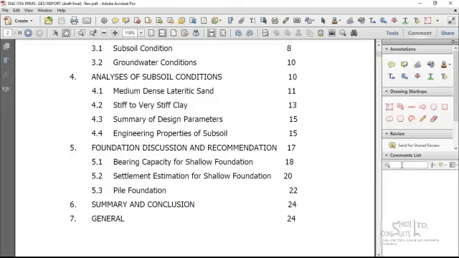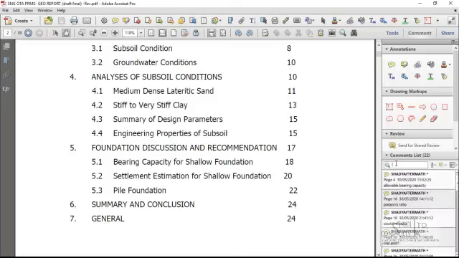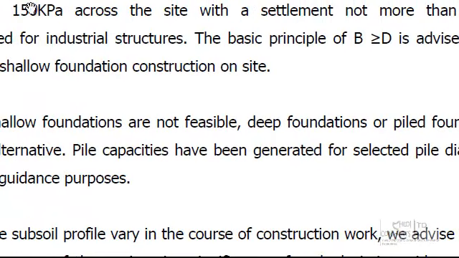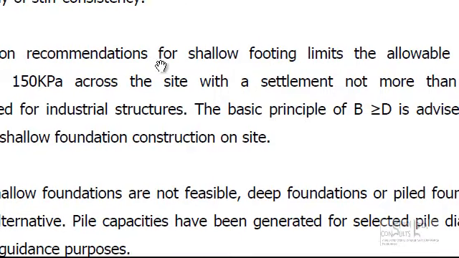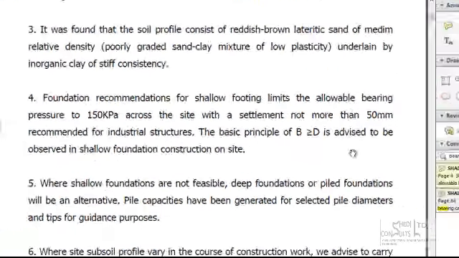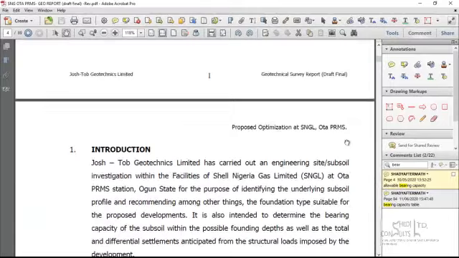So based on the geological investigation report, the allowable capacity of the soil, it was recommended that for shallow foundations the allowable capacity is 150 kilograms per meter square. The minimum allowable capacity of the soil is 150 kilopascal to cater for a settlement not exceeding 2 inches.